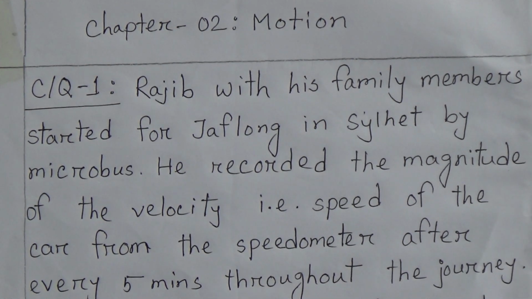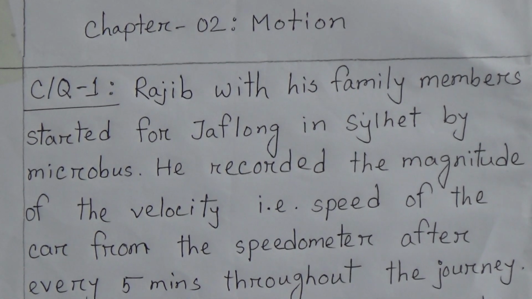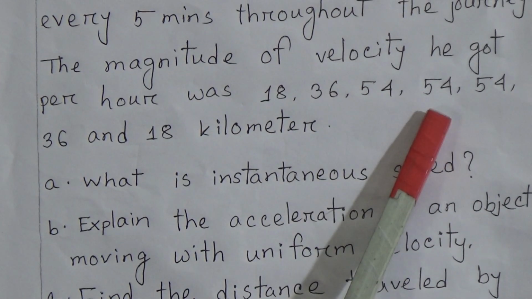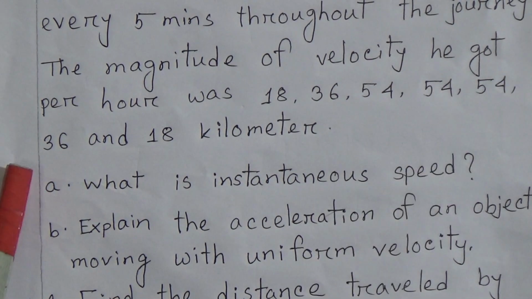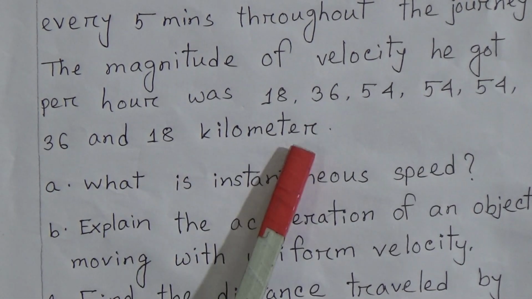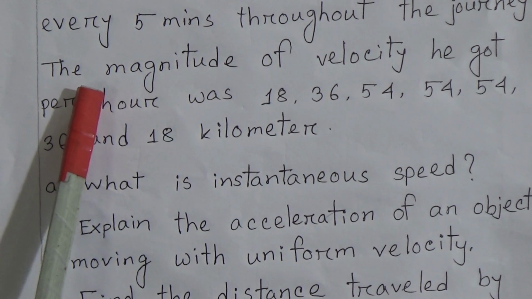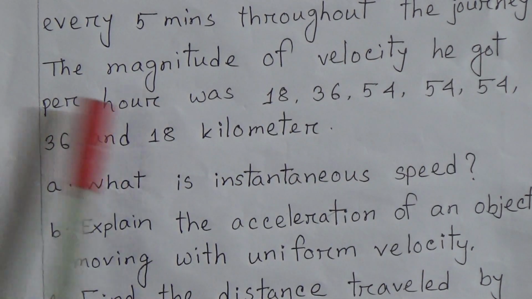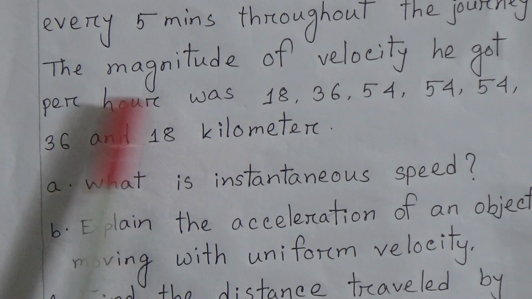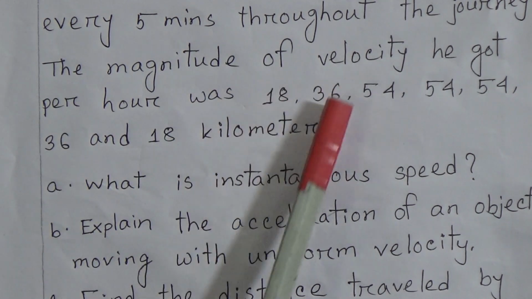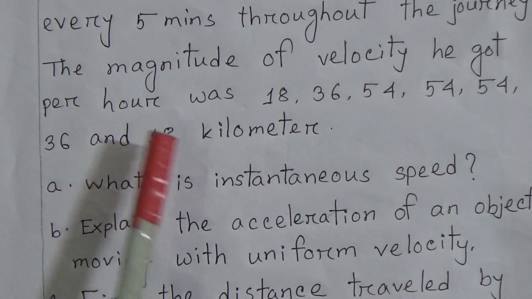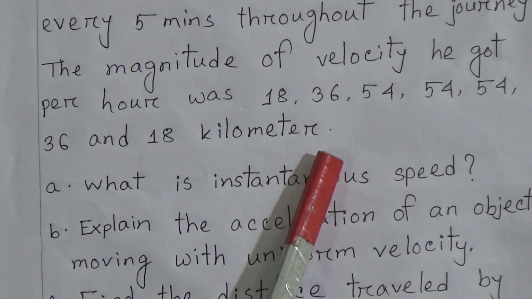The magnitude of velocity he got per hour was 18, 36, 54, 54, 54, 36 and 18 kilometer.